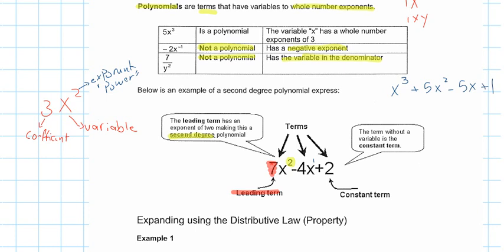Highest exponent, followed by the lower one, followed by the lower one, followed by the constant. They have to be in order. 3, 2, 1, 0. Make sense? And always the first one with the highest exponent is your leading term.